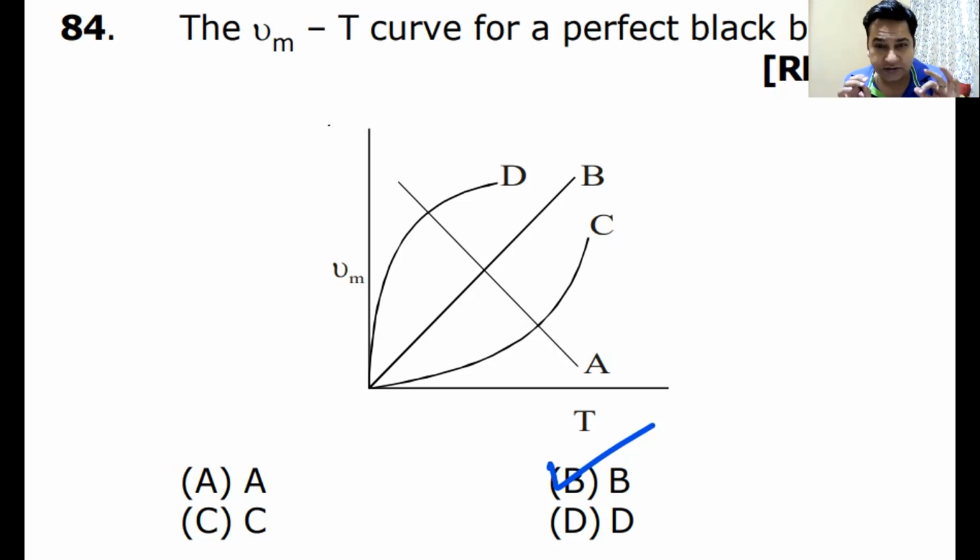Very few questions would be of numerical nature, and one or two would be tough where you will have to solve a lot of numericals. Otherwise, most of the questions, 30 to 35, are what we are aiming for. Even if you don't solve any numerical, you should be able to crack them.